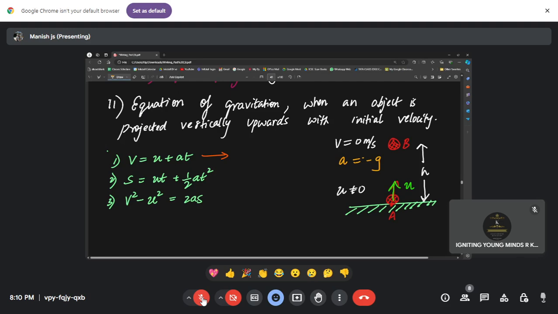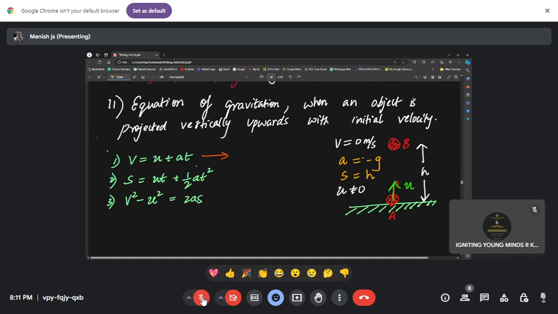Gravity always tends to pull objects towards the earth, but when you're throwing an object away from the earth, you're doing work against gravity. So you need to substitute negative g in the place of a. This is something you will have to keep in mind. It's an important relation. And in the place of displacement, that is s, you will substitute h.